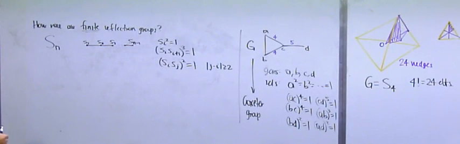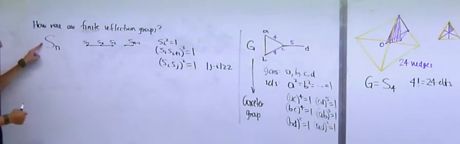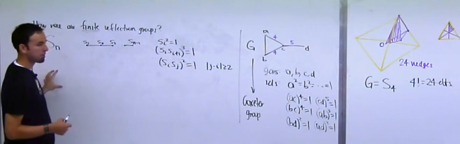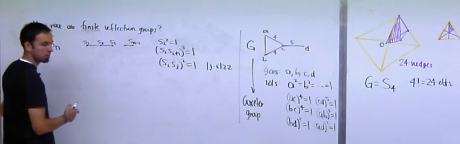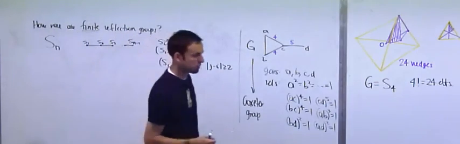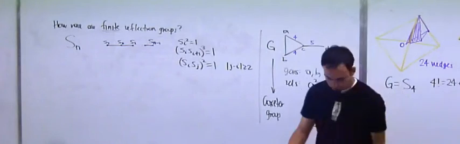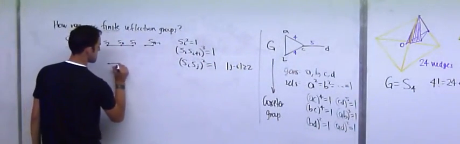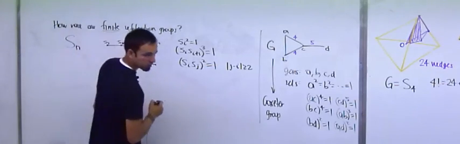The reason that I bother telling you this is because I want to show you that finite reflection groups are incredibly rare, and they're so rare that they fit right here. I'm going to show you all of them. Here's another one.